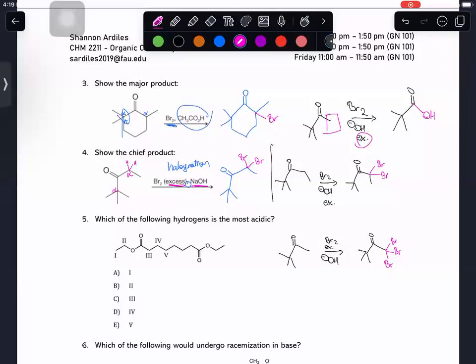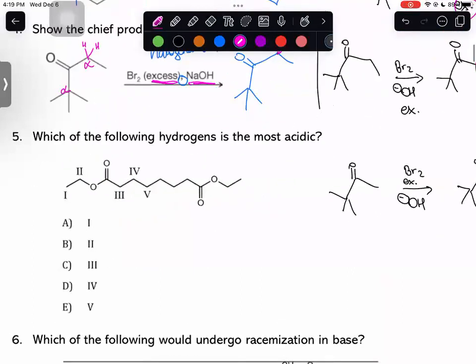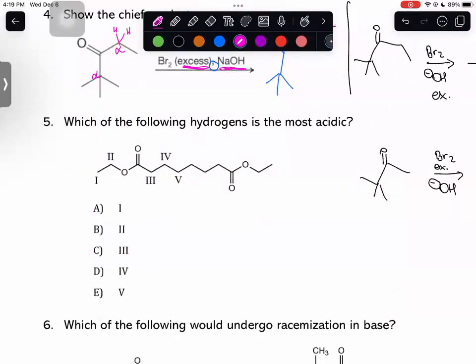Now, remember that chapter 18 is all about your alpha hydrogens, specifically because they are acidic hydrogens. So you guys should be able to identify the most acidic hydrogen in a molecule like that. Why did we say 3?